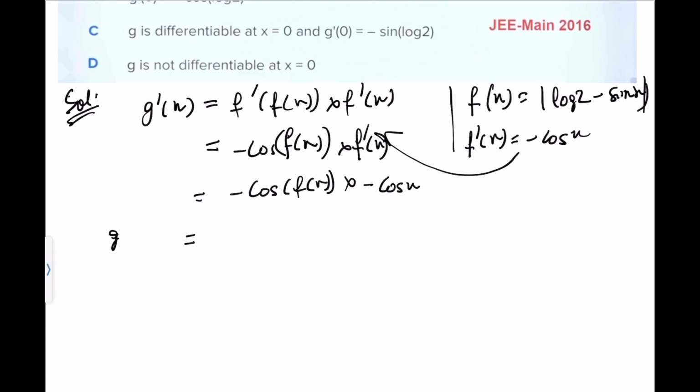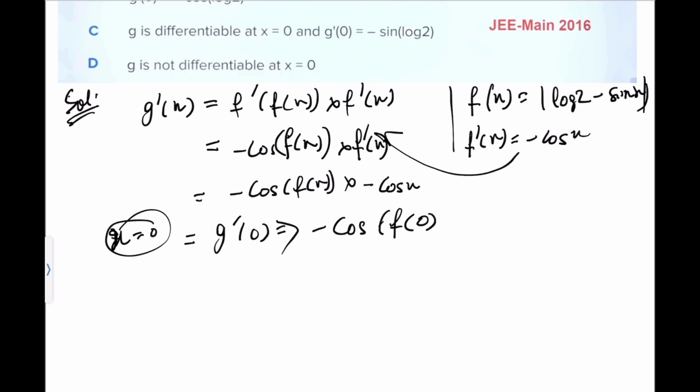So at x equals 0, g'(0) will be minus cos of f(0) multiplied by minus cos of 0.